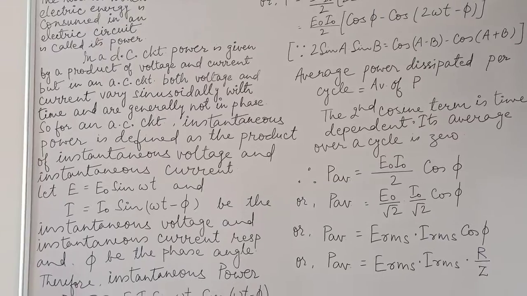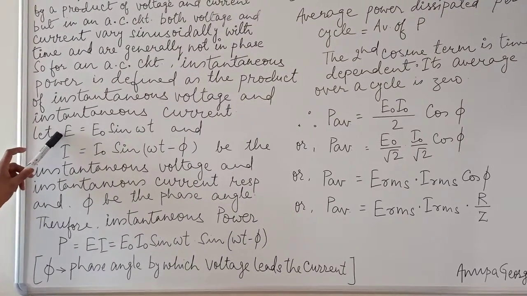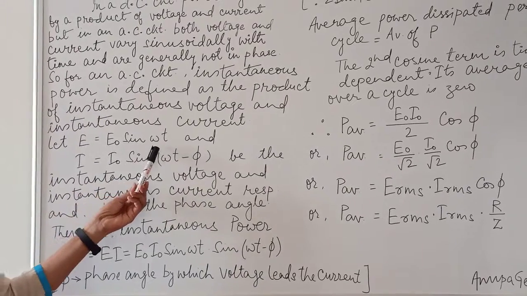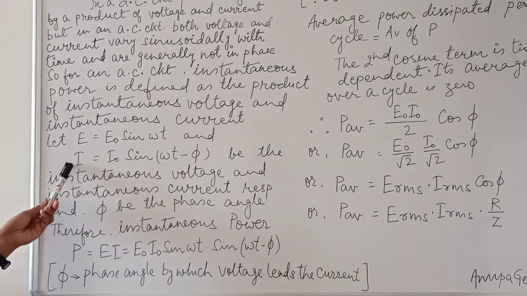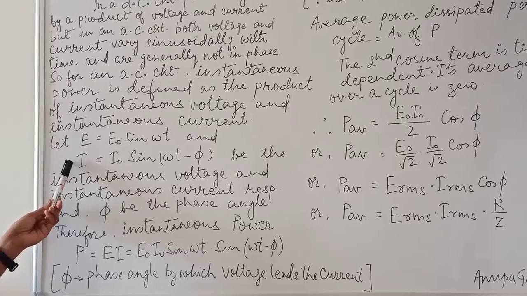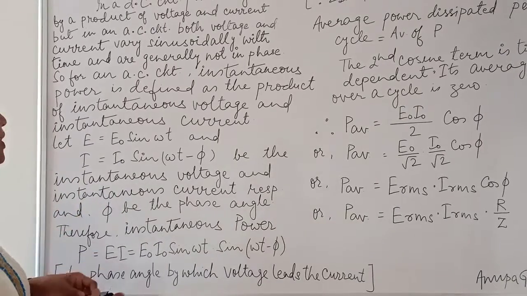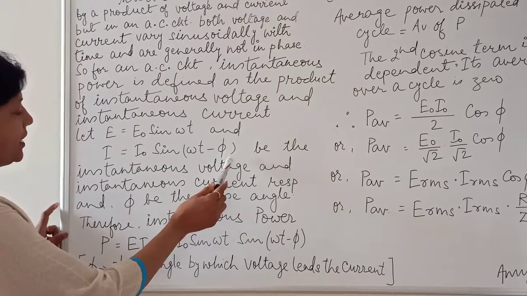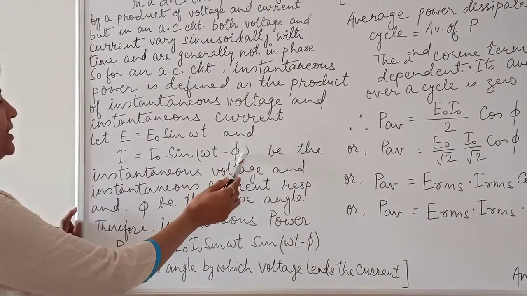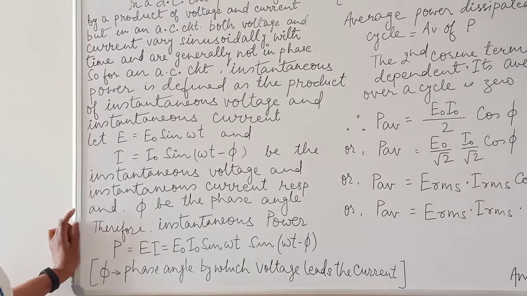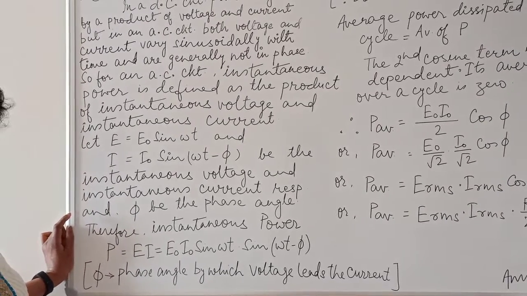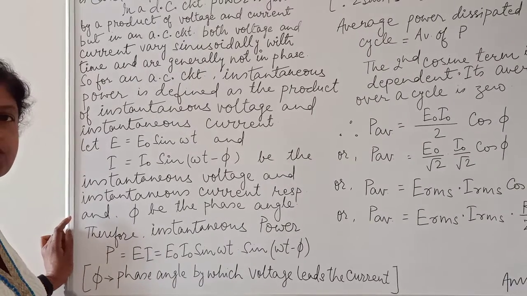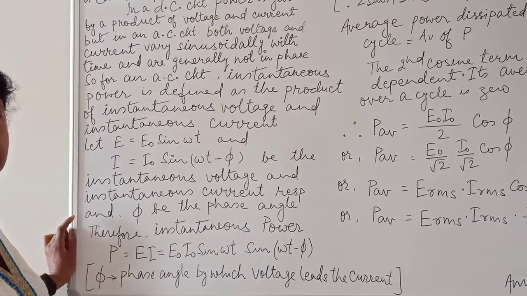Let E be the instantaneous voltage, which is equal to E naught sine omega t, and I be the instantaneous current, which is equal to I naught sine omega t minus phi, where phi is the phase angle by which voltage leads the current.